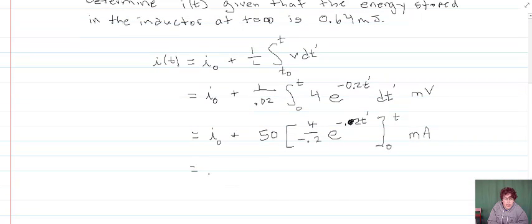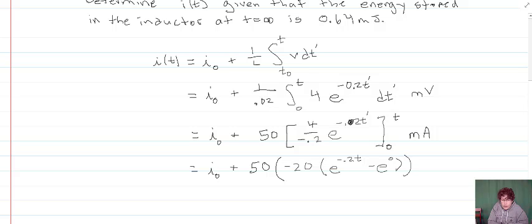And so that equals I naught plus 50 times 4 divided by 0.2, which is negative 20. And then we'll get e to the negative 0.2t minus e to the 0.